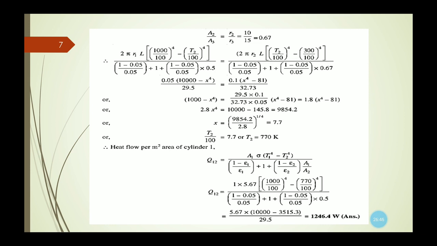Now in this equation all the values are known to us, and the value of T2 was calculated in the first part of this numerical, which we got as 770 Kelvin. Using all these values in the formula of Q12, we have calculated Q12 as 1246.4 watt. So this is the heat flow per meter square area of cylinder 1.